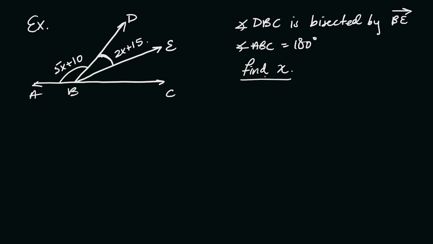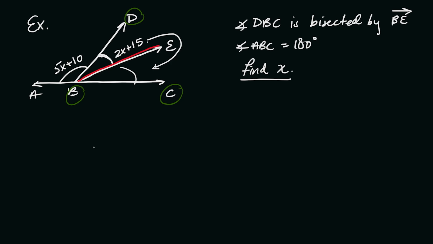Alright, hopefully you guys paused the video and figured out what x equals. So since we know that angle DBC is being bisected by this line, that means that this 2x plus 15 is also the angle for this, because it's being bisected, so it has two congruent angles.